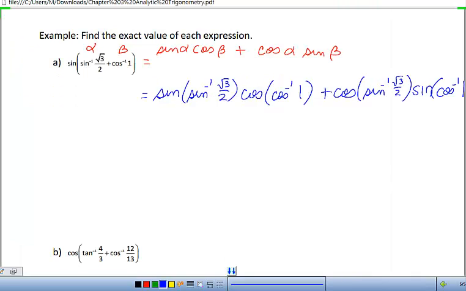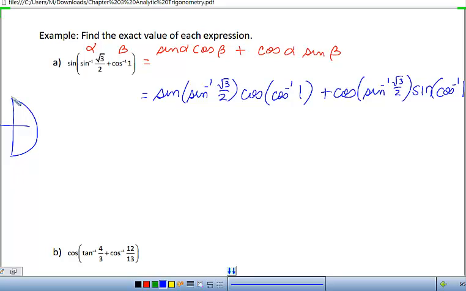Okay, so sine of sine inverse root 3 over 2, we talked about this a good bit in sections 3.1 and 3.2. We need to think about where the inverse sine function is defined, and I'll just make a little diagram over here. Remember, sine inverse, we get outputs between minus pi over 2 and pi over 2.